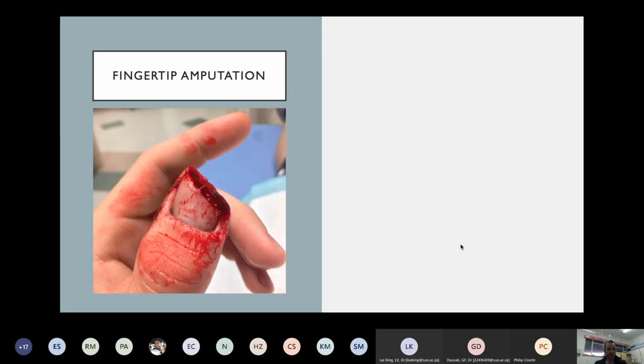So in some cases we might see amputation of the fingertip. Some people might have power tool injuries, or chefs we commonly see who aren't looking at what they're doing. They might cut off the distal part of their finger. These might also be associated with shearing forces or crush injuries, in which case you might have an avulsed or partially amputated fingertip with associated fractures.